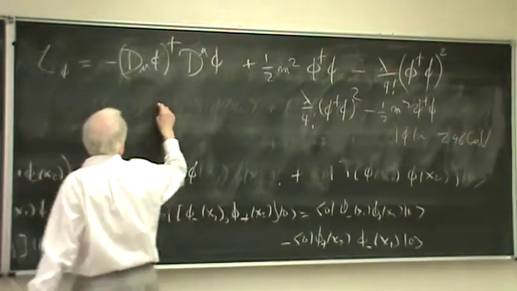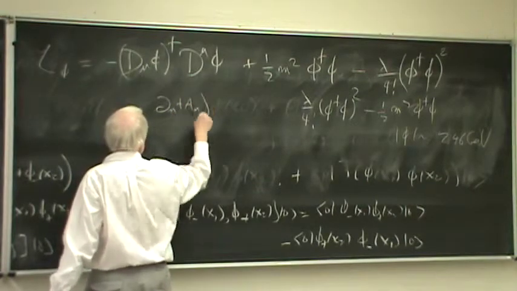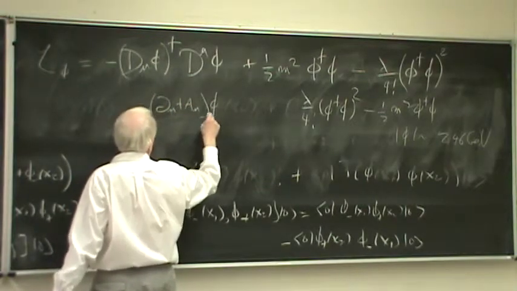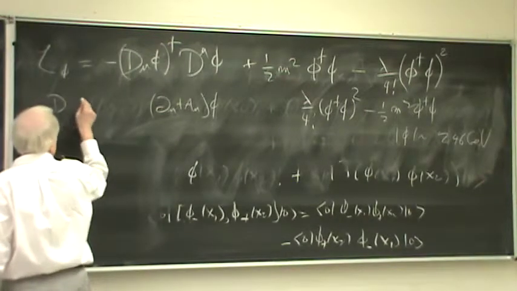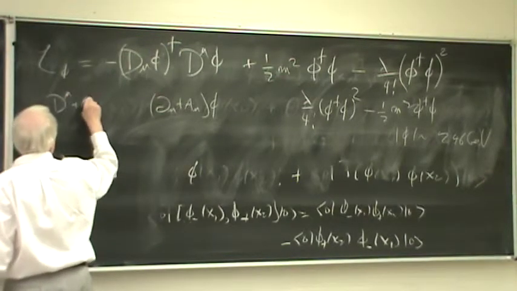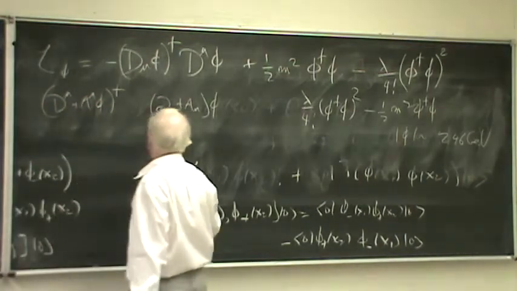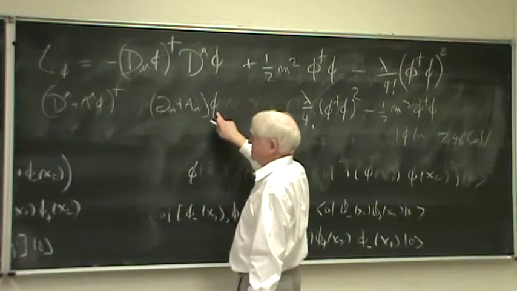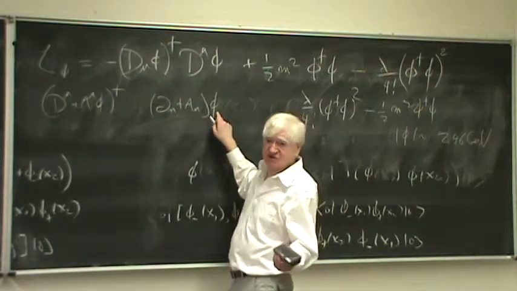Then this will be d mu plus A mu phi, and this will be d mu plus A mu phi dagger. And now the d mu term doesn't matter because we're thinking about the mean value in the vacuum, which is constant.